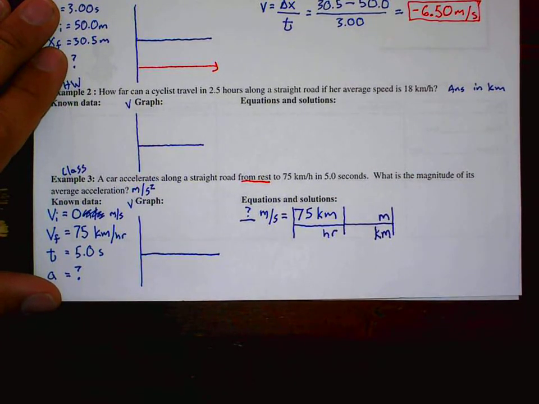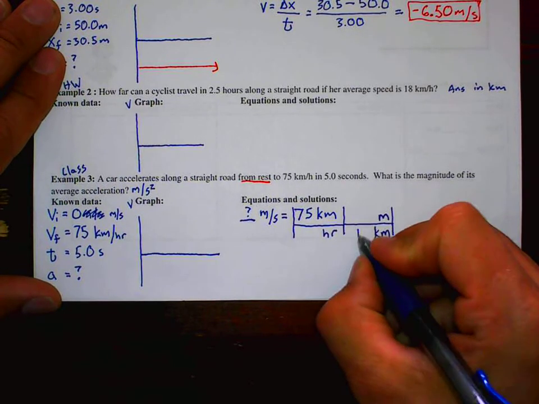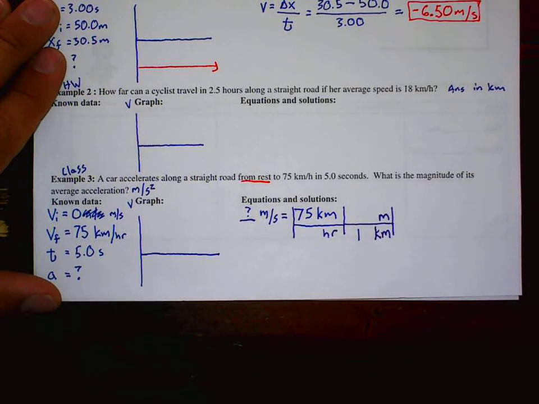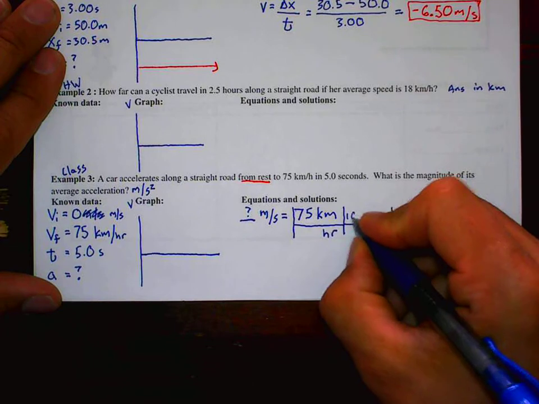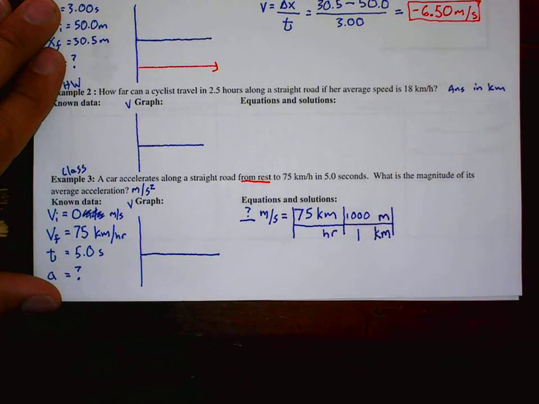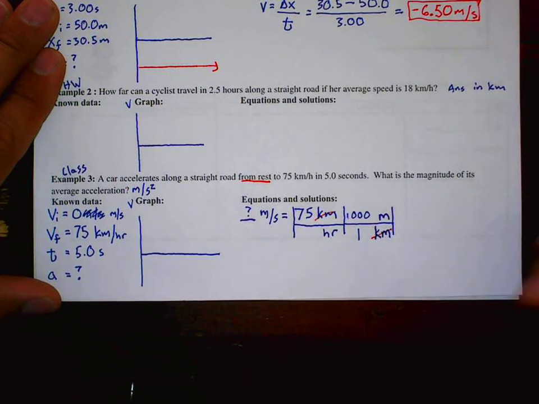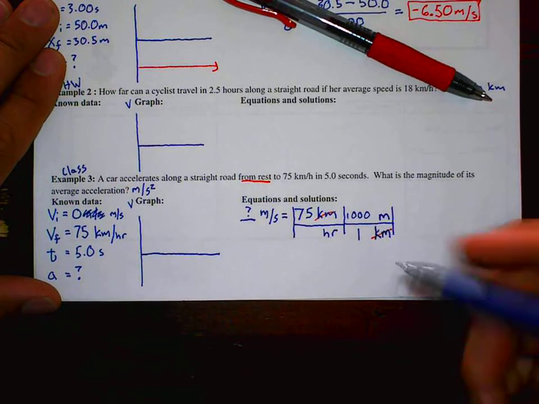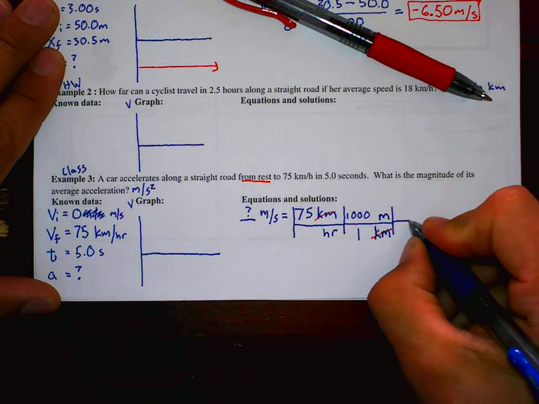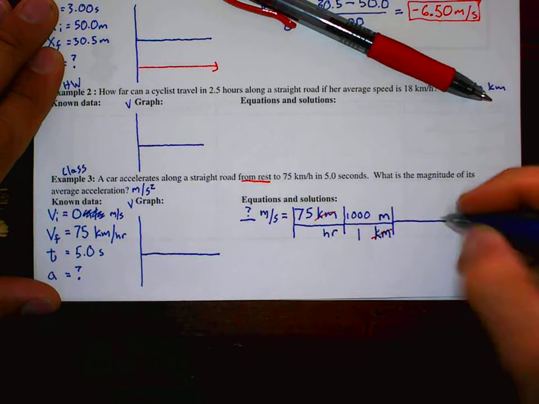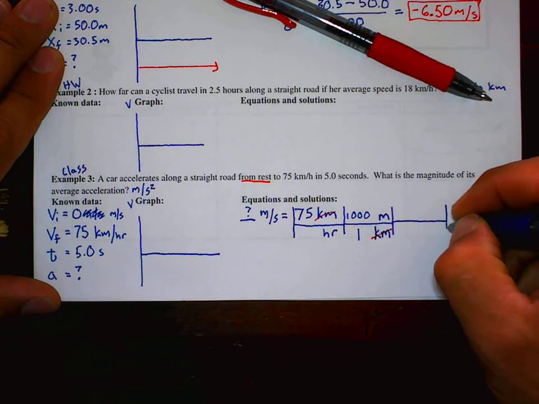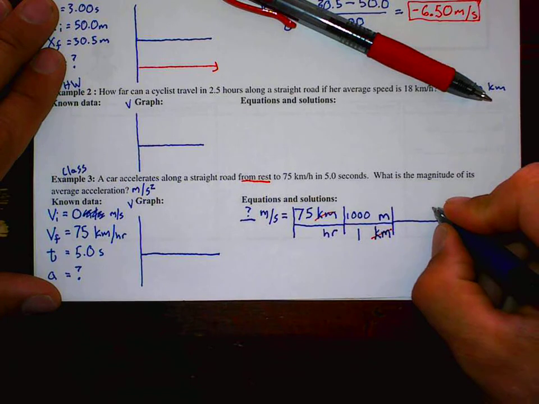We may have this one memorized. Okay, 1 kilometer, how many meters? 1,000. All right, kilometers is gone. This was one thing some of us struggled with on our quizzes, is converting the time.